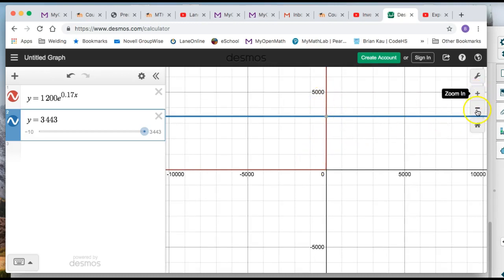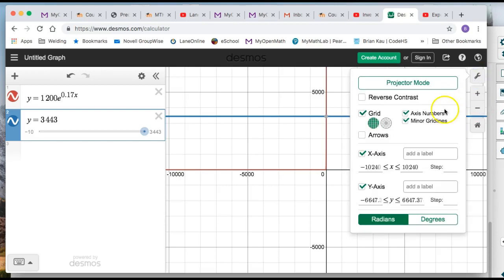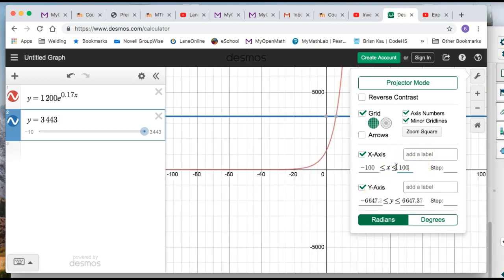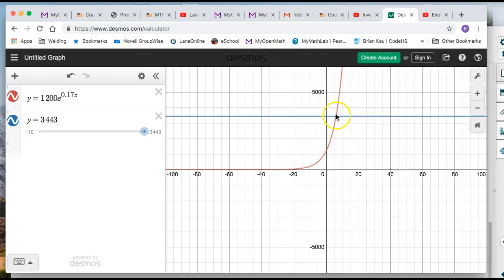Let's change our x-axis to just negative 100 to positive 100. Alright, I can see a little bit better what it looks like now. I left these the same so that we can see the y-axis. We're looking for this point right here. So basically it's going to be 6.2.